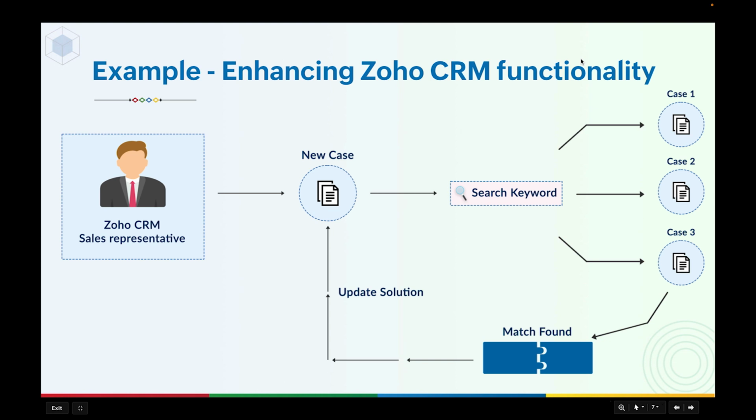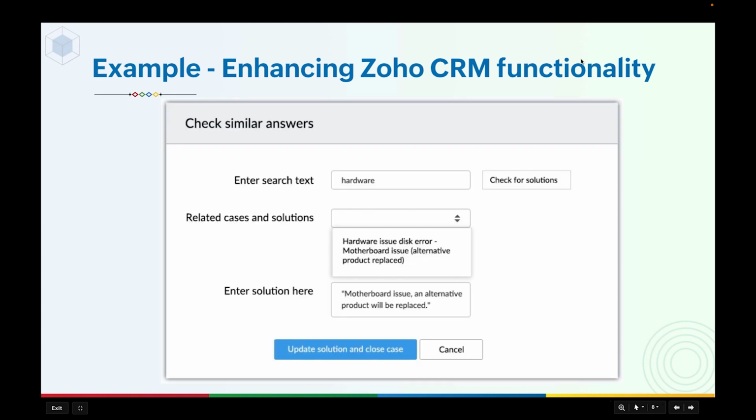If the sales representative finds a relevant solution for the current case, they can go ahead and simply update the same solution for the current case as well. So in this scenario, a widget can be easily designed to input a search keyword in order to search and retrieve the data based on our needs and requirements.